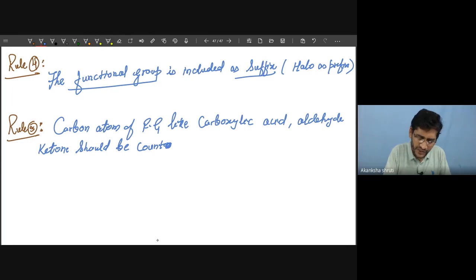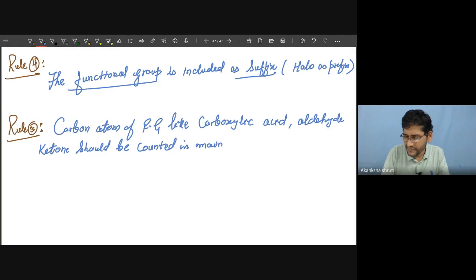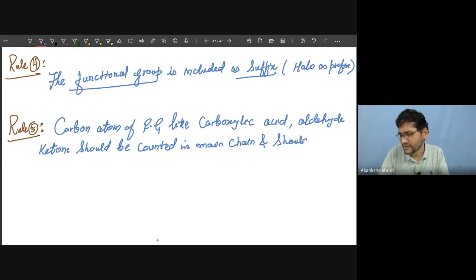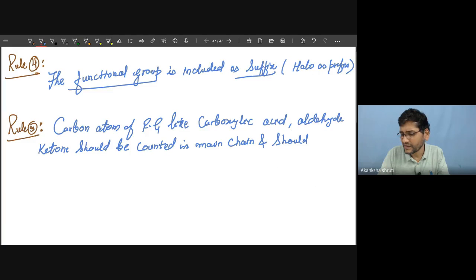This is very important, student. In main carbon chain, and should be given the lowest possible number.